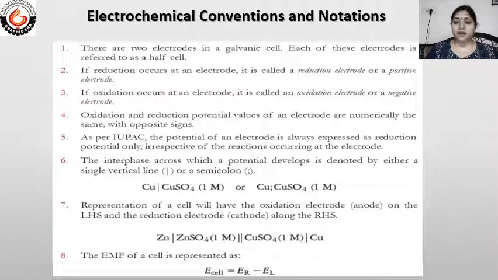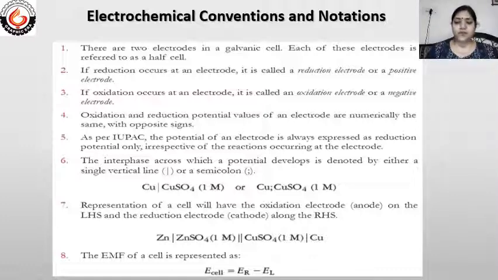If a semi-permeable membrane is used to separate these two, it is also shown by two lines, or if a salt bridge is there, it is shown by two lines. So it is the junction between the two half cells. Then the electrolyte solution of copper sulfate, the concentration of copper sulfate, then a single line and the copper electrode.